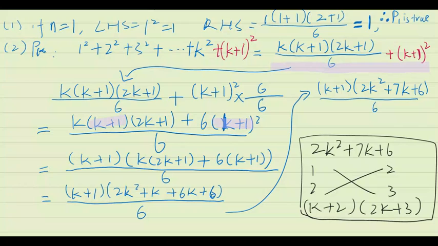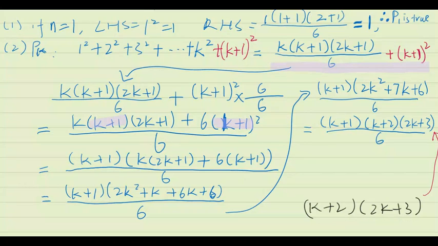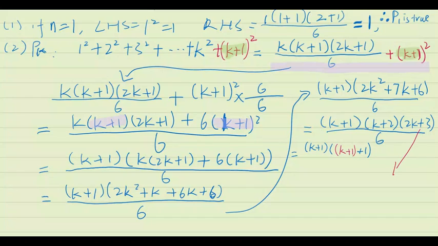Now let's find k plus 1 as their common factor. The first one, k plus 1, is already there. Now, k plus 2 can be k plus 1 plus 1. And 2k plus 3 can be 2k plus 2 plus 1, so we can find 2 as the common factor, plus 1, like this.